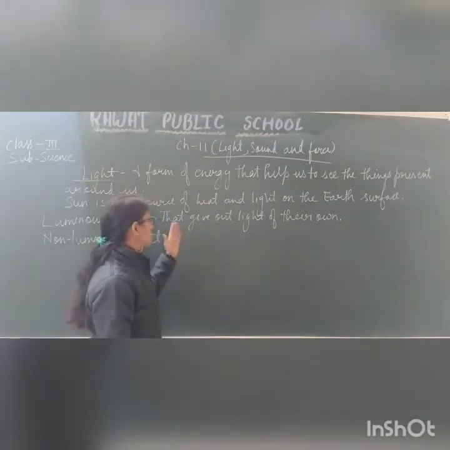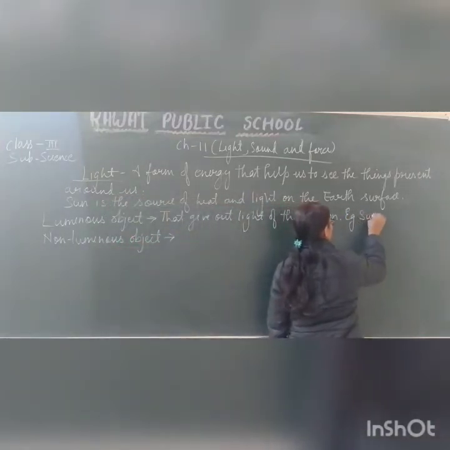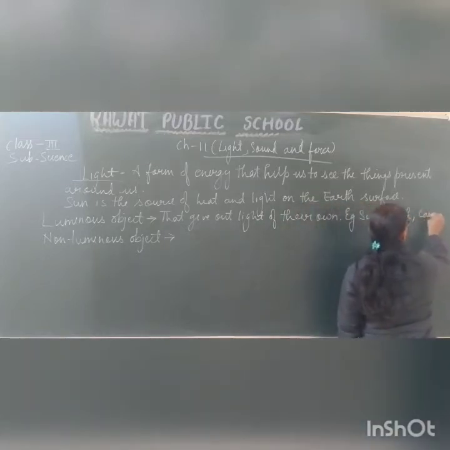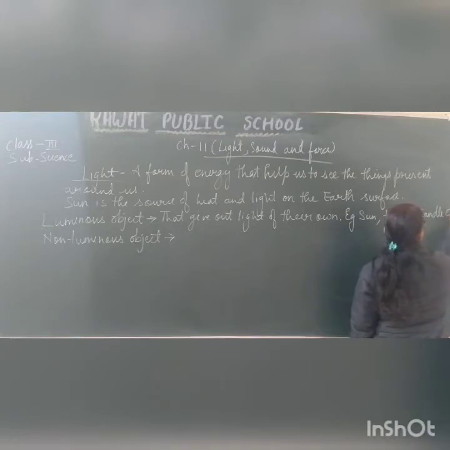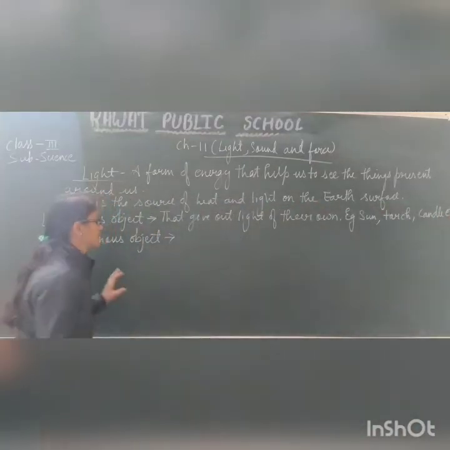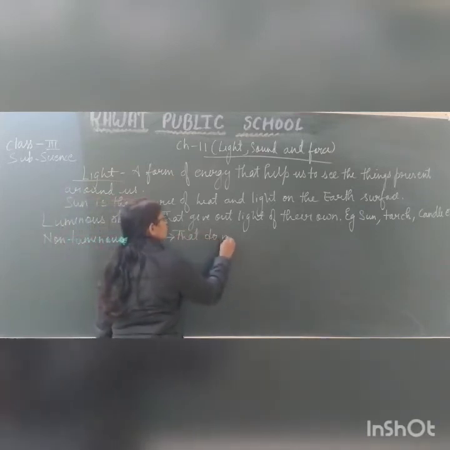Examples of luminous objects: sun, torch, candle, etc.